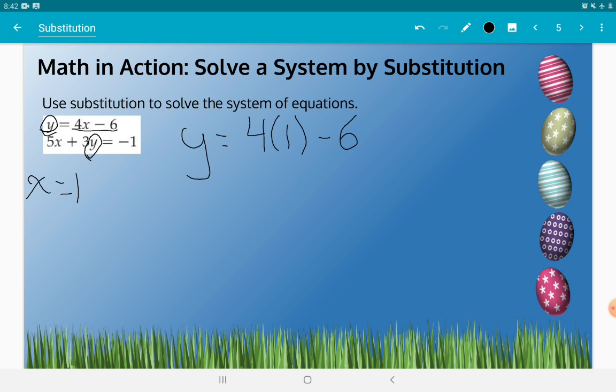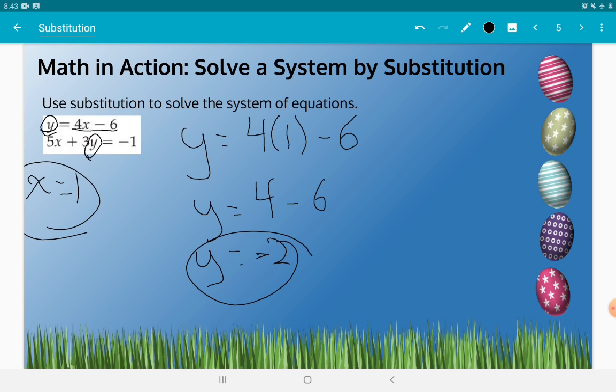So here we've got y equals 4 minus 6, or y equals negative 2. So if y equals negative 2 and x is 1, I find that as writing it into coordinates, we have 1, negative 2. And that's our final answer.